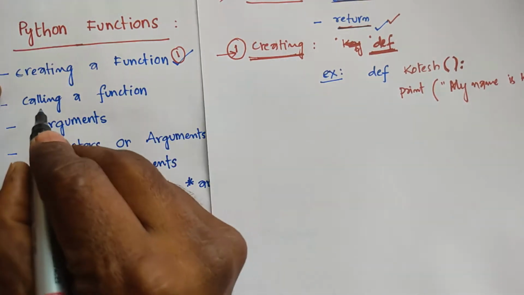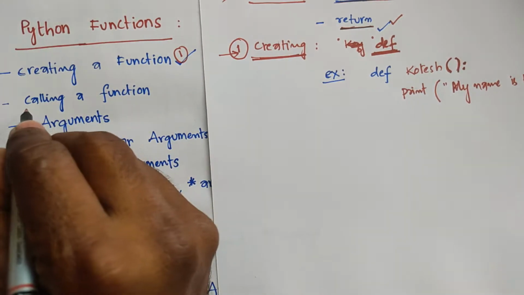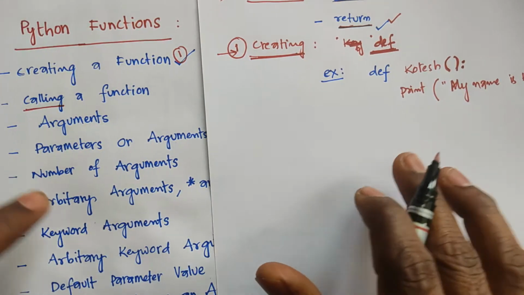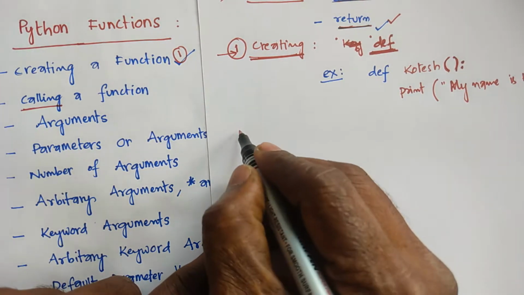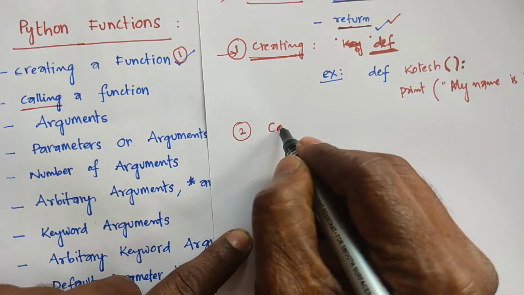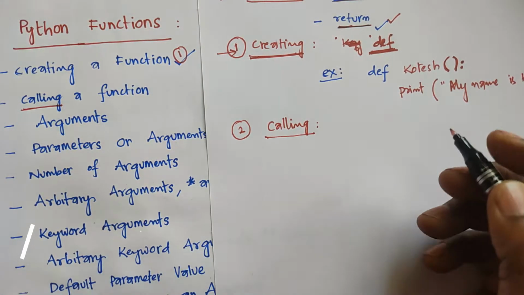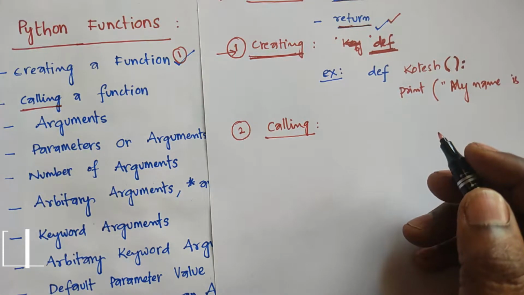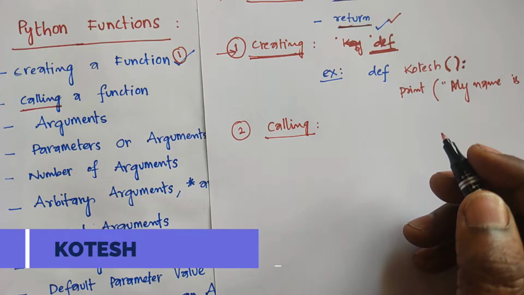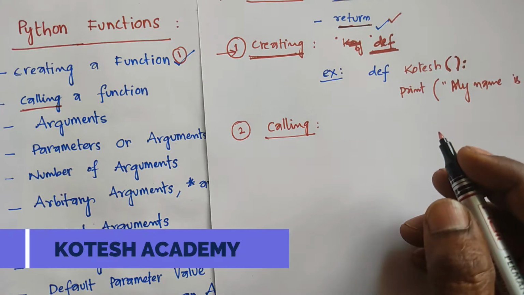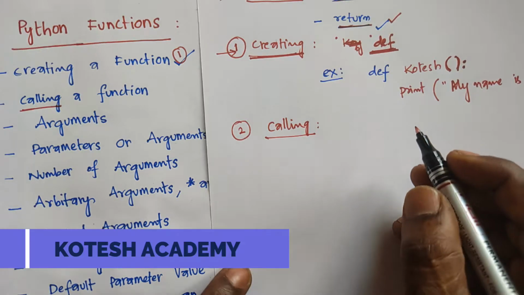Next one is calling a function. When you call the particular function, that is the second one, calling a function. To call a function, use the function name followed by parentheses.